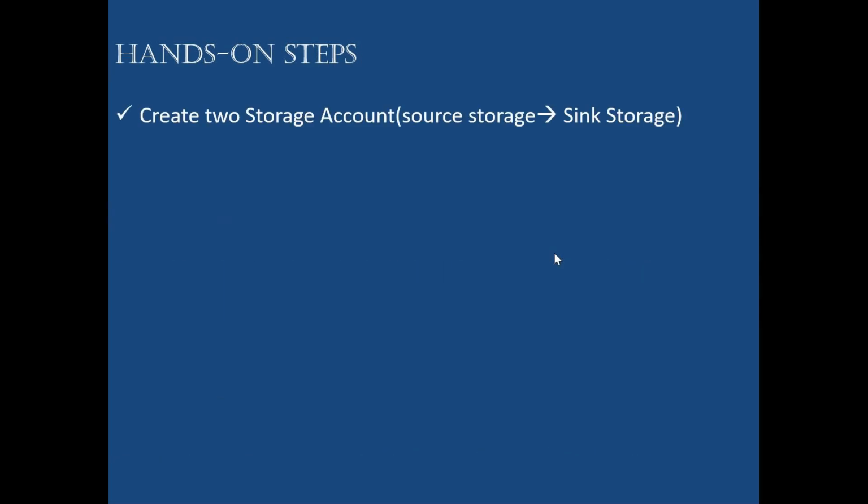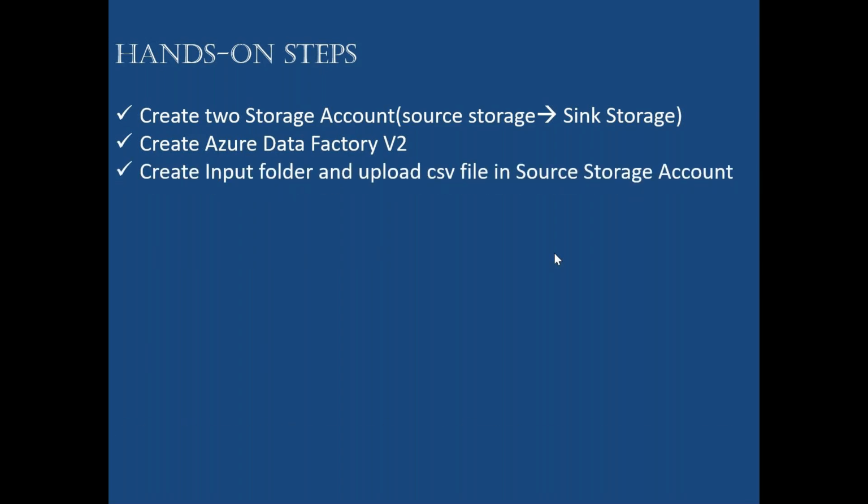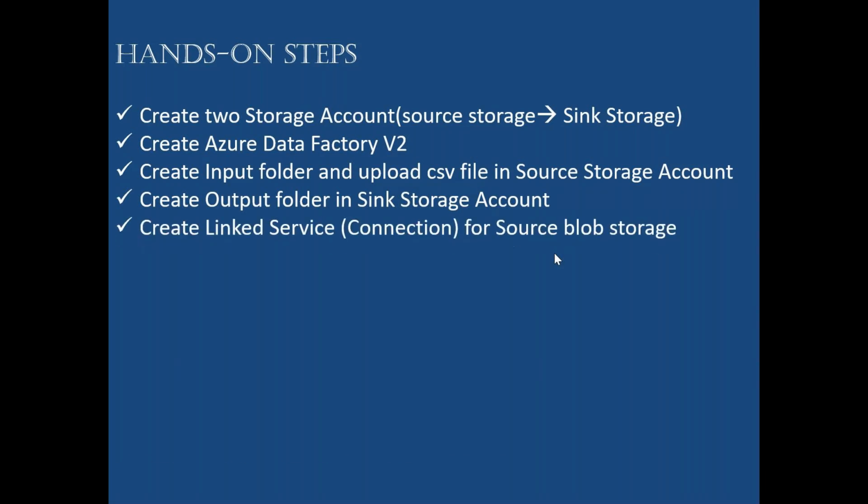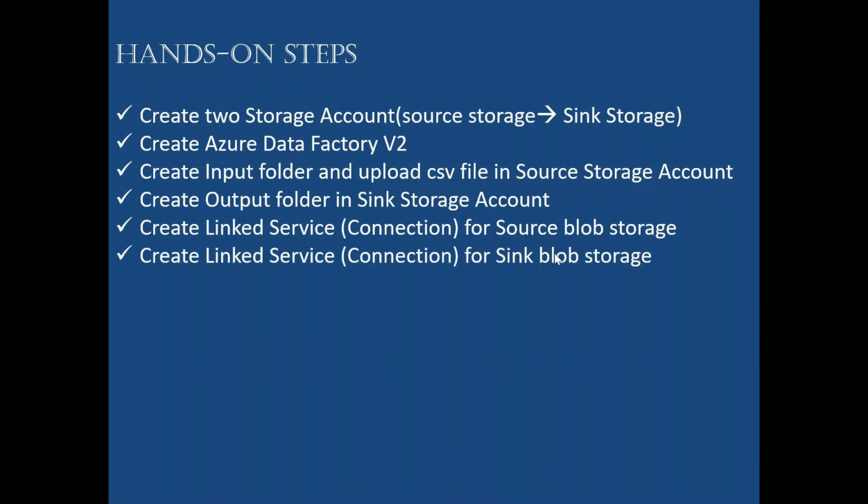Hands-on steps: first I'll go to the Azure portal and create two storage accounts, one source storage and a second sink storage. Then I'll create a data factory. Then I'll create an input folder in the source storage and upload a CSV file, and next create an output folder in the sink storage. Then I'll create linked services for the source blob storage and the sink blob storage.